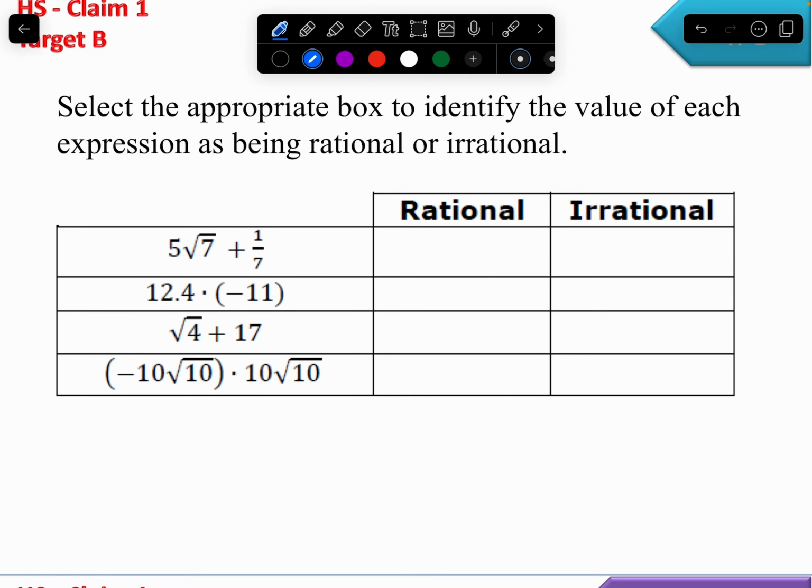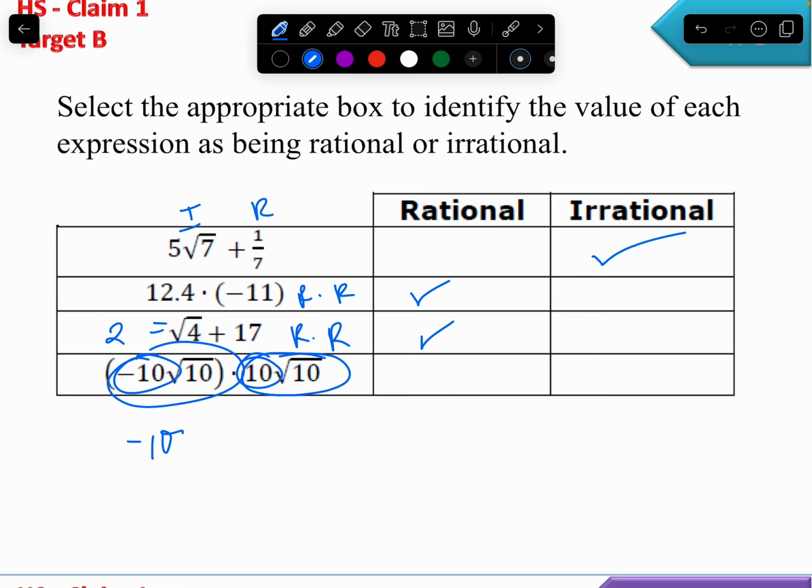I think we did this earlier, but now it's just a combination. This is irrational plus rational, irrational. Rational times rational is rational. This is 2, so that's rational times rational. Now this is identical. I multiply the numbers first.